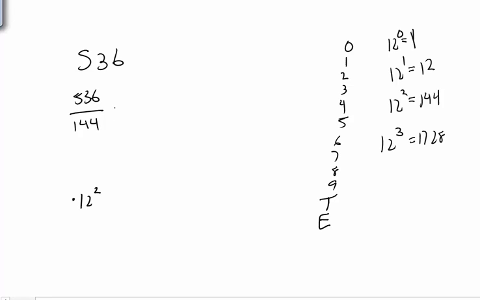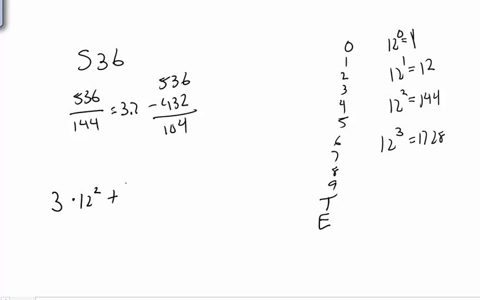It goes in there 3 times, so it's 3 point something, right? So I know it can go in there 3 times. And so 144 times 3 is 432. And so what would our remainder be? That would be 104.